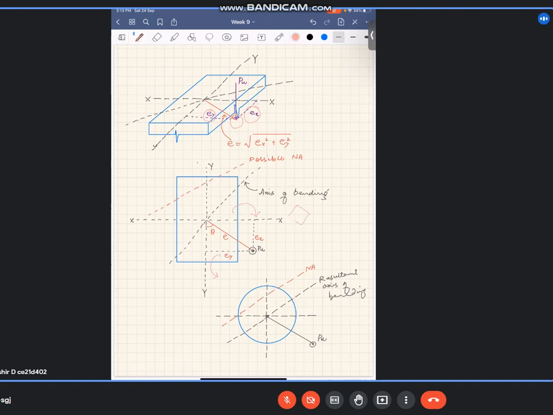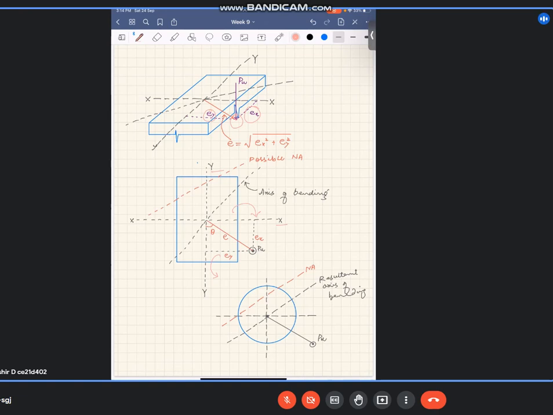If this is the column section, the column will bend like this from one side, and on the other side it will bend like this also. It is the effect of the biaxial moment, that is, the moment acting on two axes. So we can see that the column is not now bending along any principal direction like x or y.